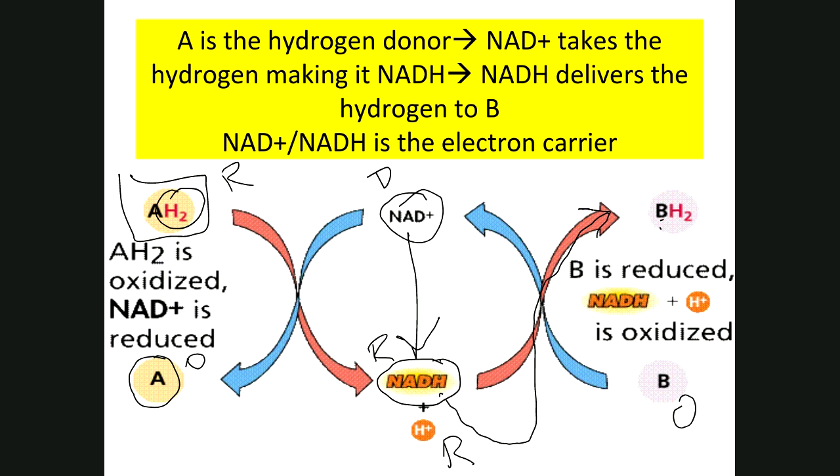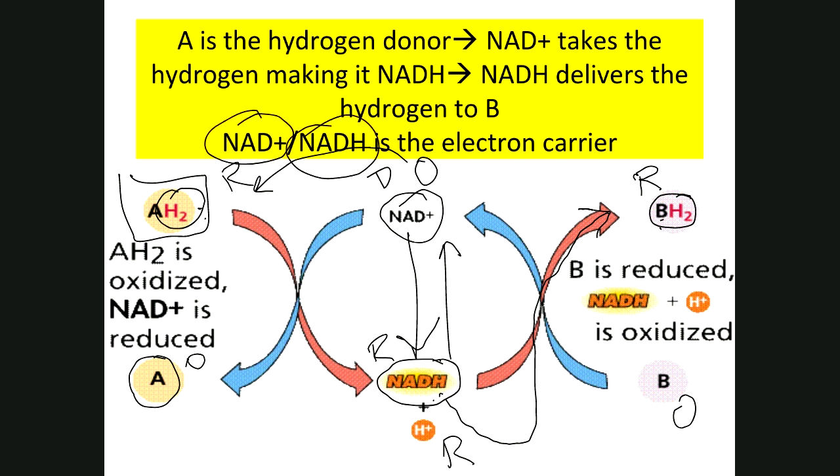Now B is reduced, NADH is back to being oxidized, and now it can go back and pick up another hydrogen from A. So these molecules that carry hydrogens, in this case from A to B, are electron carriers. The most common electron carrier in living systems is the NAD+/NADH molecule. NAD+ is the oxidized form, NADH is the reduced form.